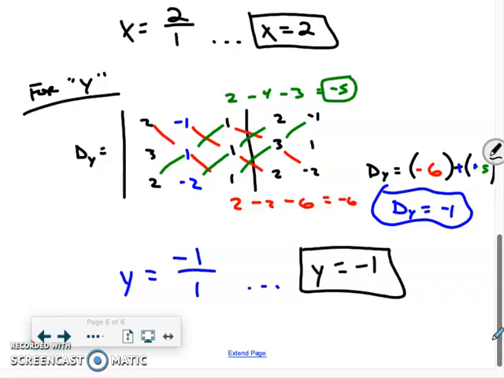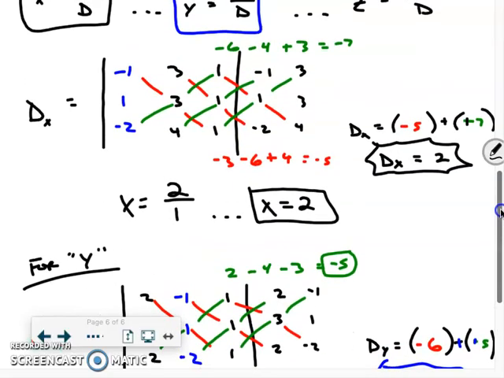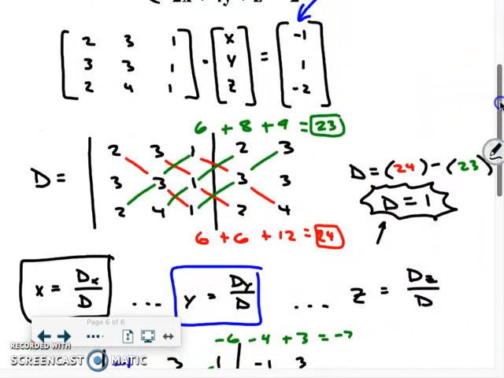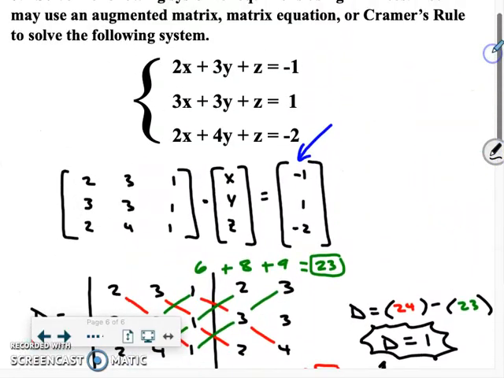So if we've solved for x and y, x is 2, y is -1, we can go back to the original. If we were truly, completely committed to Cramer's rule, we could do the same process for z. But if we know that x is 2 and y is -1, we could quickly and easily substitute and solve.